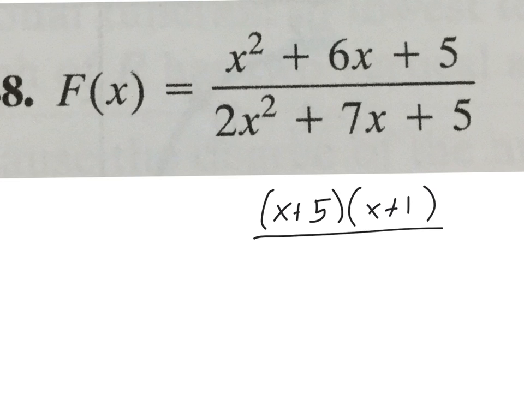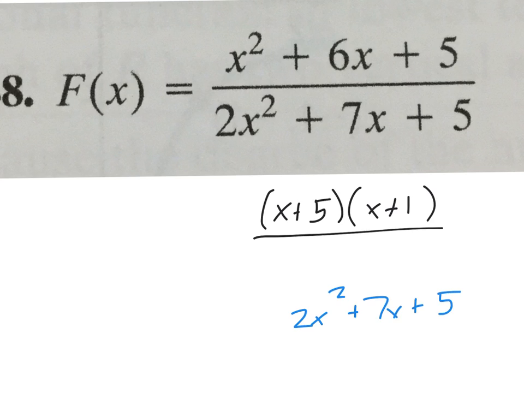Now the denominator is a little trickier because the leading coefficient is 2. So I'm going to do the a times c method. I'm going to make a little side note: 2x squared plus 7x plus 5.